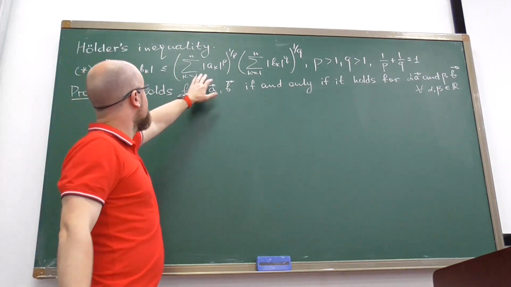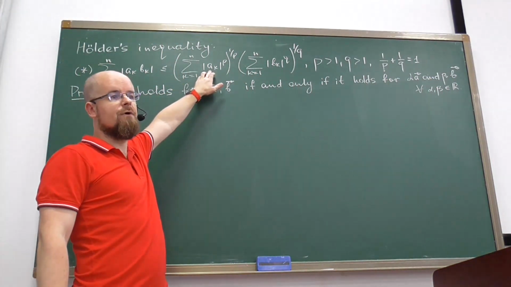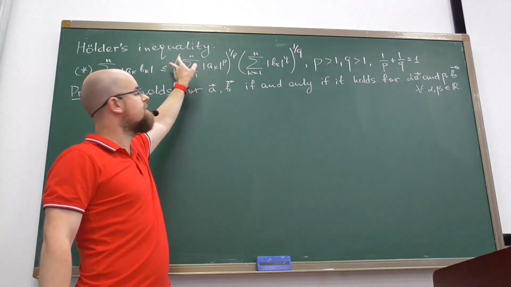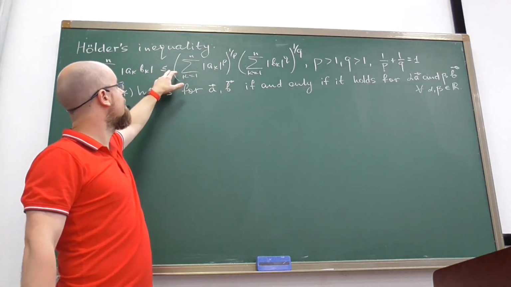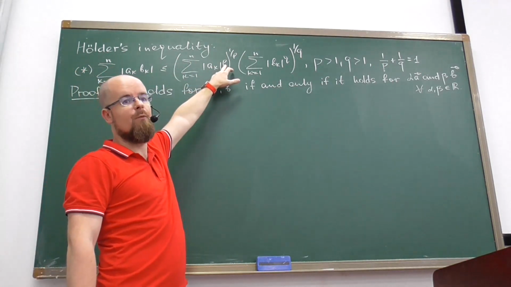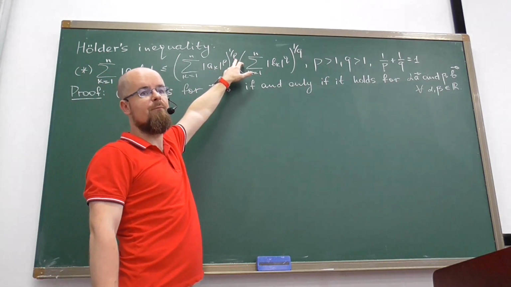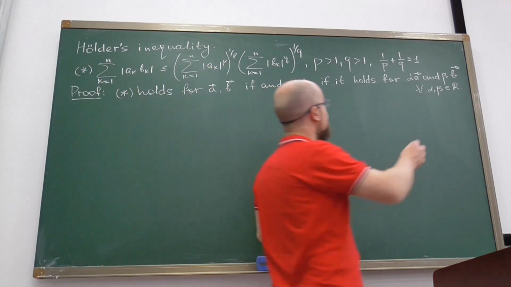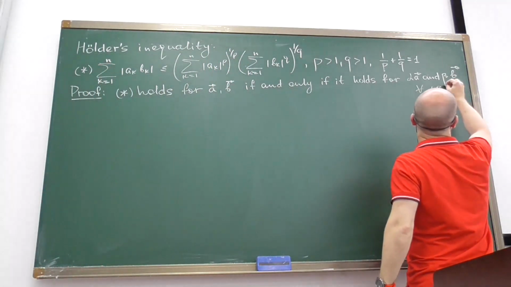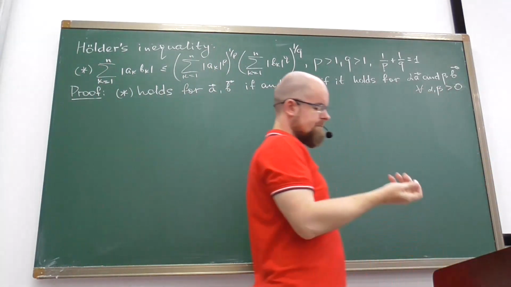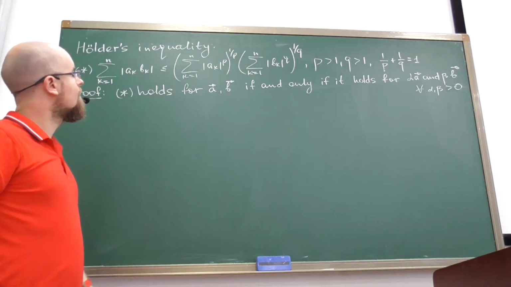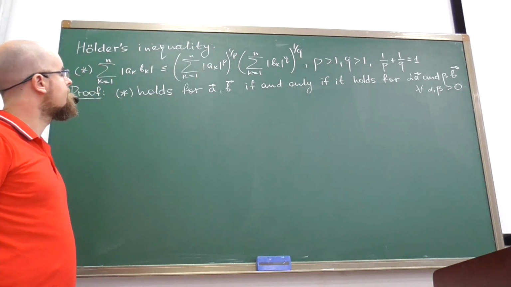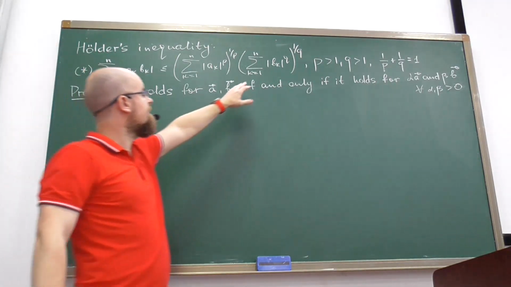Well, in fact, if instead of a here you write alpha a, then you can take this alpha out of the sum. Here it will be raised to the power of p, but then we take the pth root and it will be alpha. Let's rather go with positive ones. The same story is here.